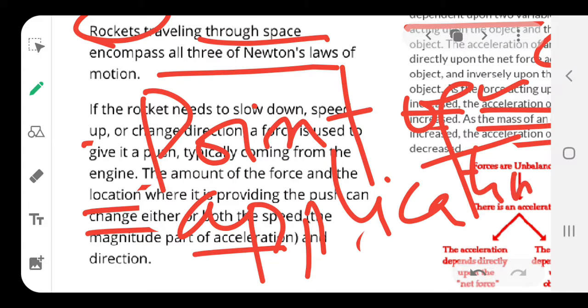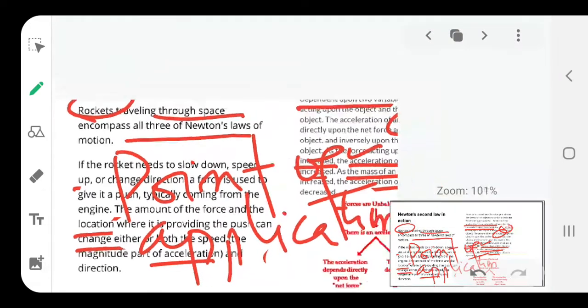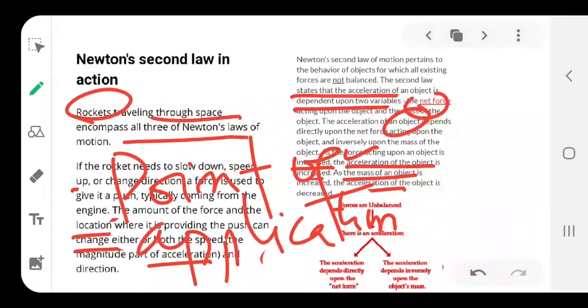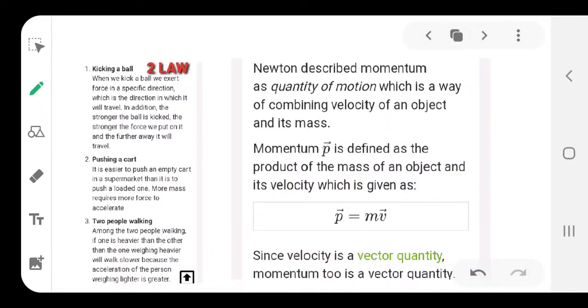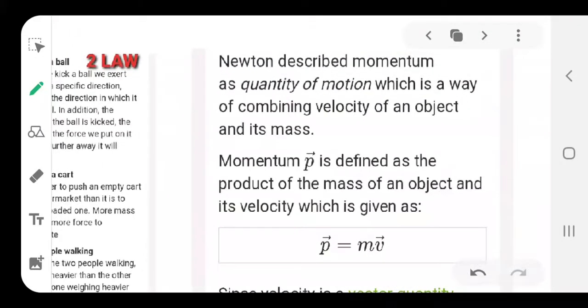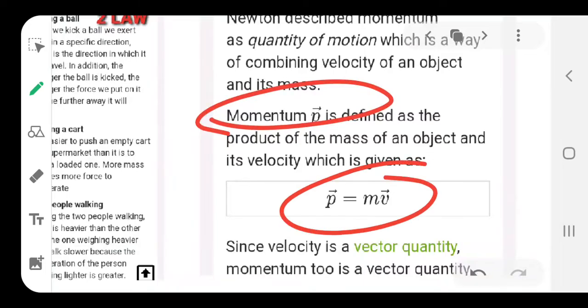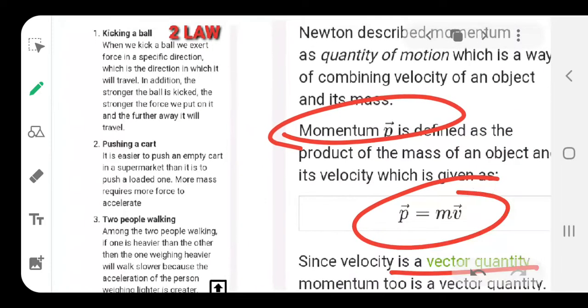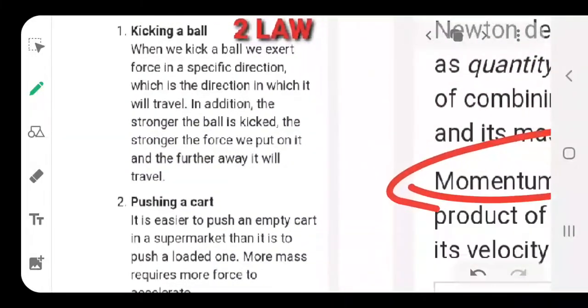In case of a body in motion, it changes the direction or its acceleration. Now, in case of momentum, we have just told you that it is a product of mass times velocity and it is a vector quantity. So, make sure all these things are known to you.